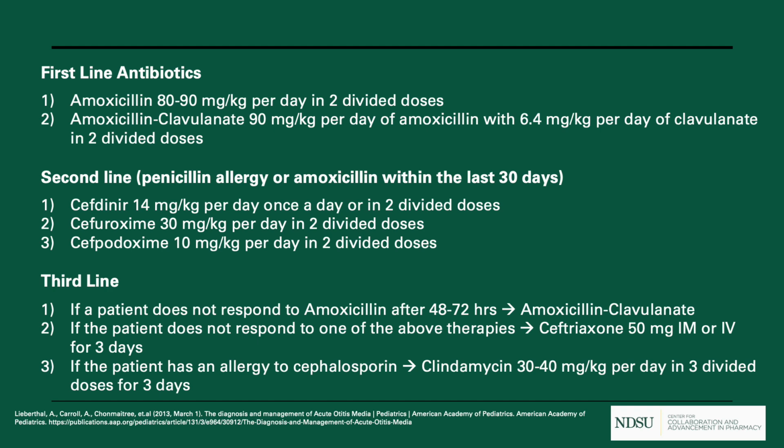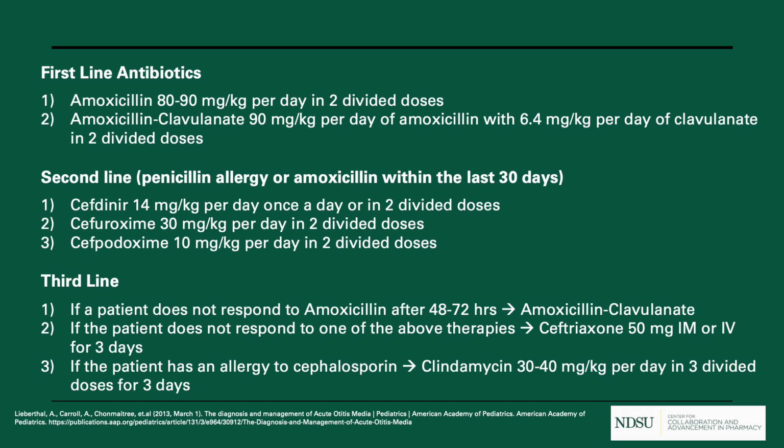There is also third-line therapy, and this might be used if a patient does not respond to amoxicillin after 48 to 72 hours, and usually if that's the case, they will switch to Augmentin. This also could be used if a patient does not respond to one of the above therapies.